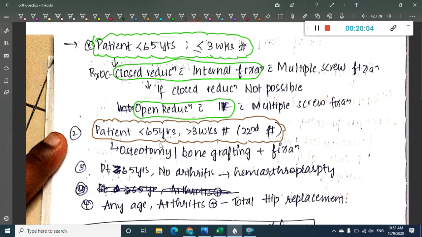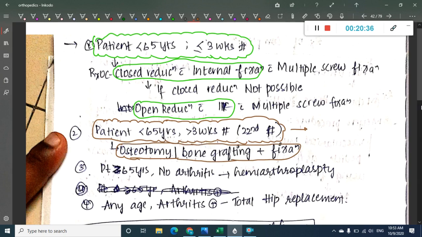In such cases, you cannot do closed reduction, because when it is more than 3 weeks, the callus is already formed between the bone ends, and whatever immobilization you do, the two ends will not unite because there are no fresh ends. So in this situation you will have to do osteotomy with bone grafting and fixation.